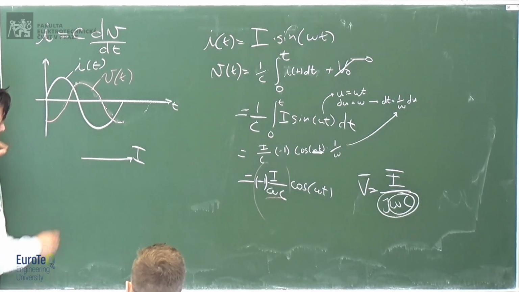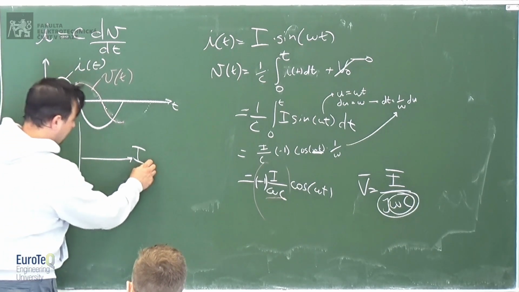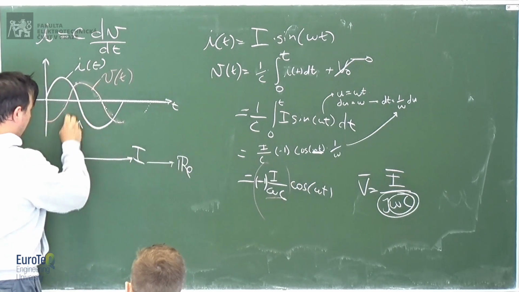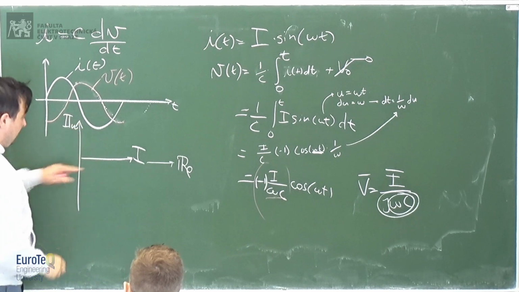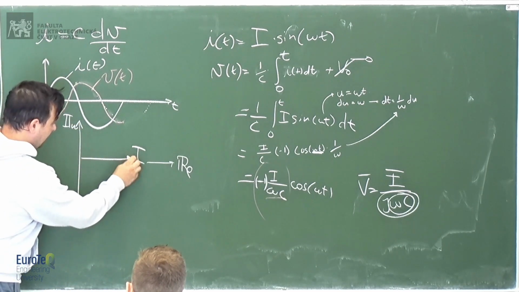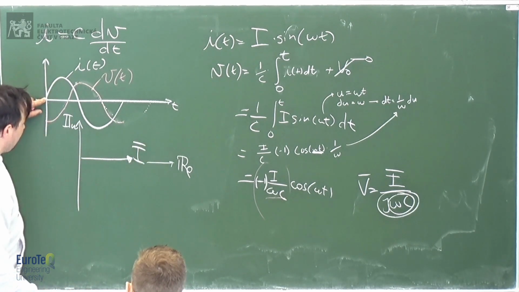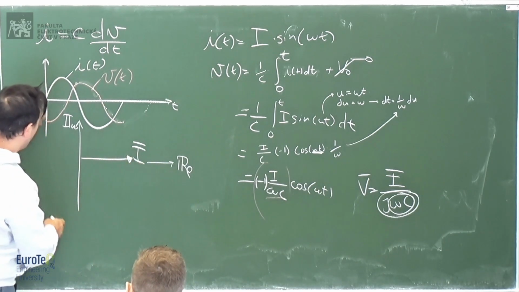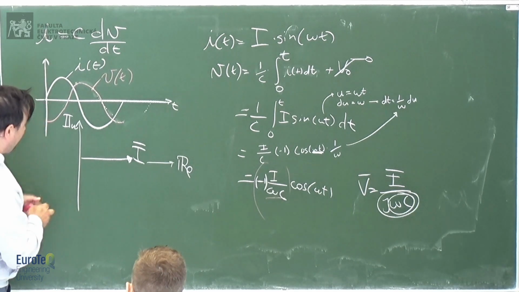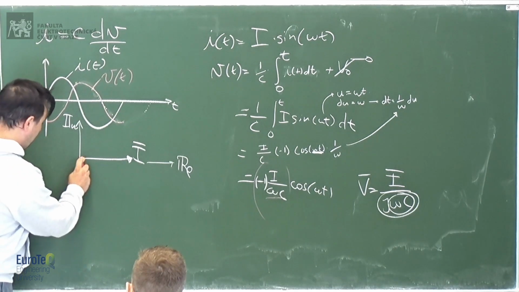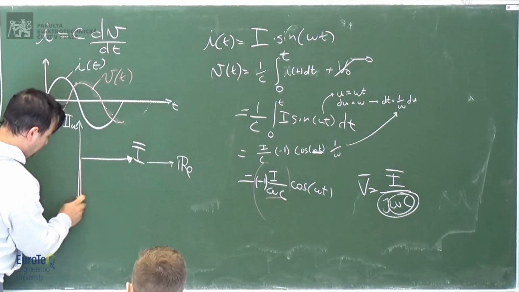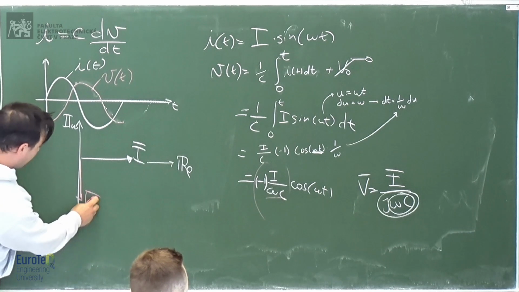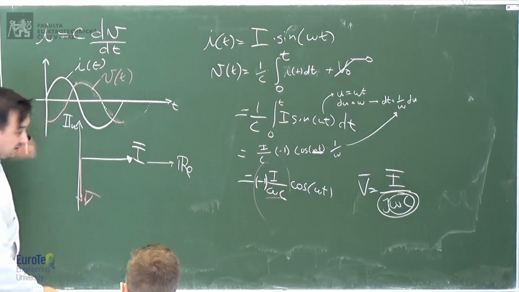So here, if you have your real and imaginary axis, this phasor I is here because at time 0 we had 0, so its vertical component is 0. It's real. The voltage starts at negative. Yes, because at time 0 the voltage is negative.